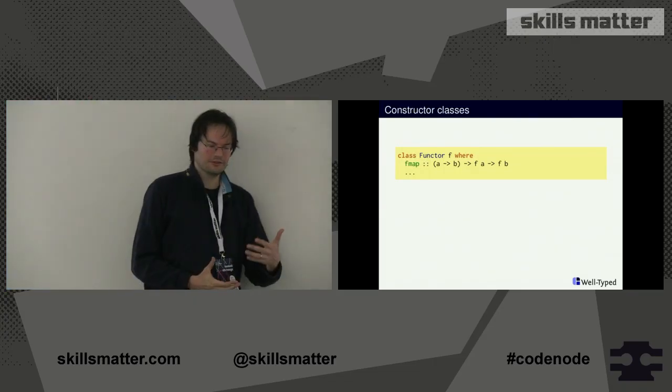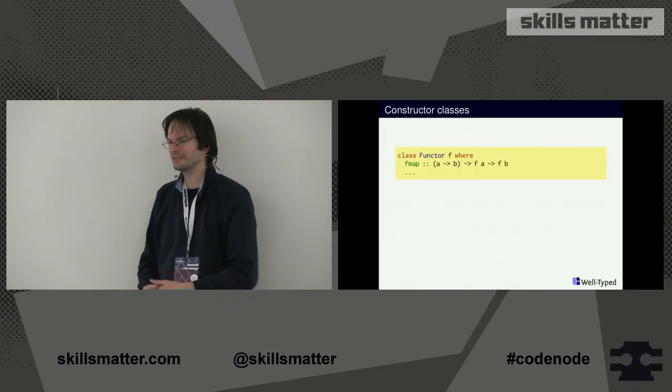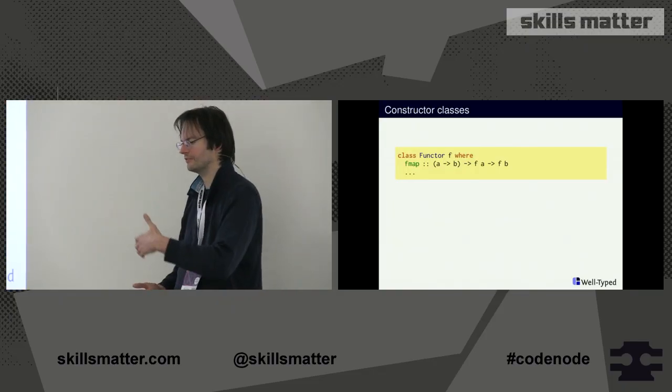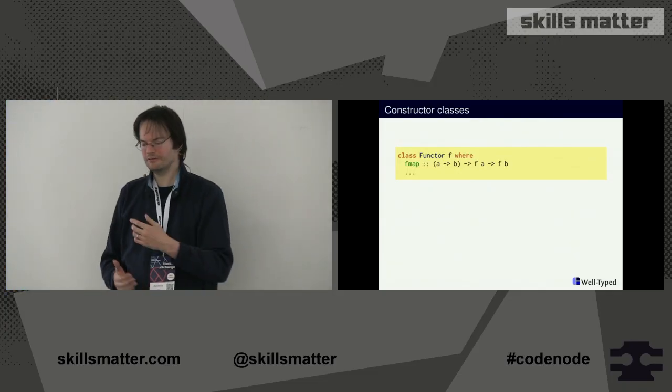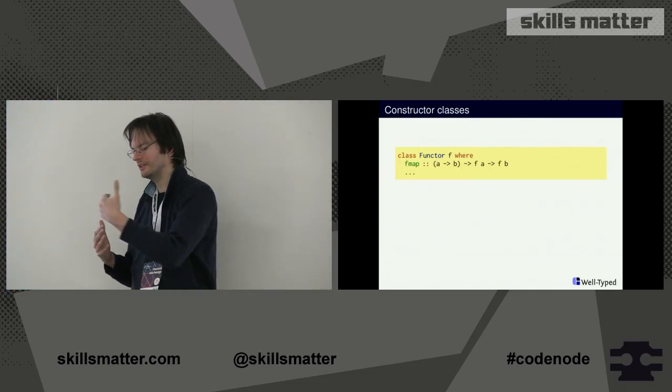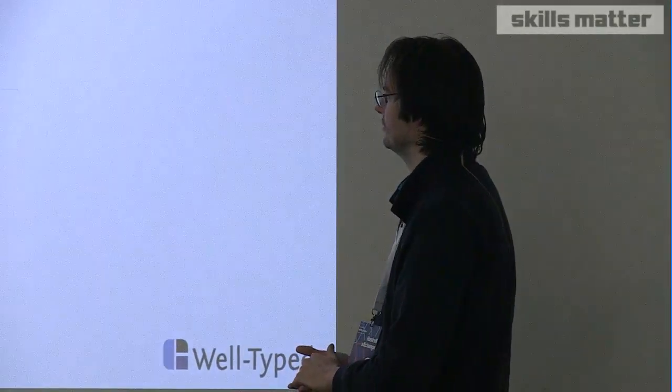You're also not defining an instance of functor for lists of integers or lists of booleans, but you simply define an instance of functor for lists, right? For the unsaturated type constructor. Can define an instance of functor for lists, an instance of functor for maybe, an instance of functor for IO.